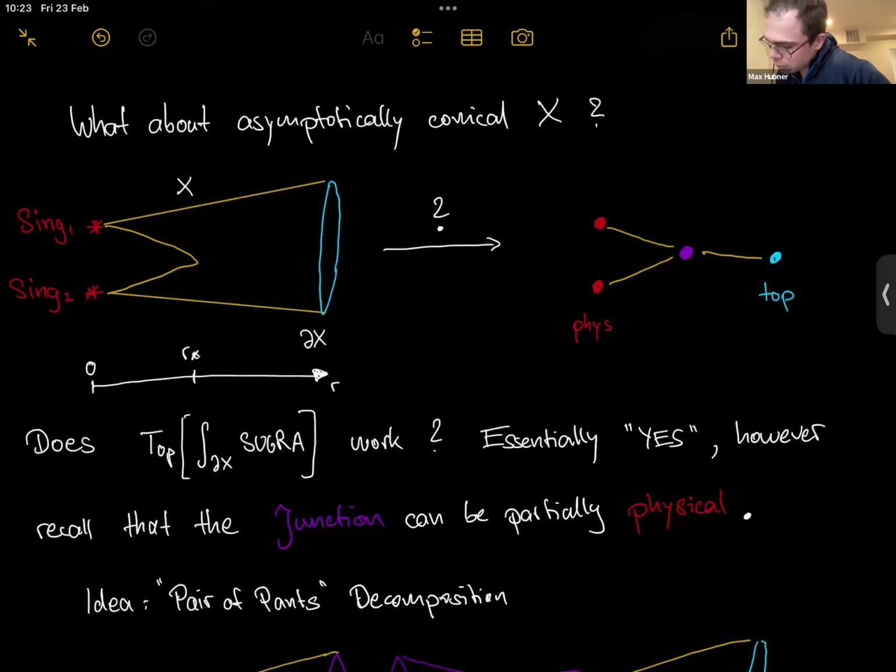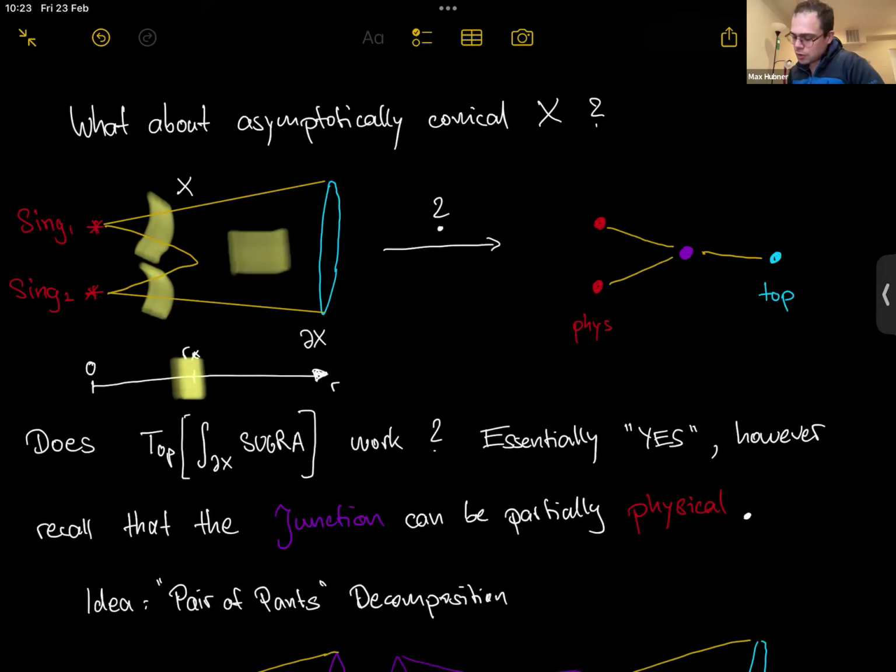Each of these singularities has their own little cone here, right? So each of these singularities I could study using some local model. And then only if I start going radially more outwards, I notice that at some critical radius r star, these two singularities sit in some common space. And then I go off to infinity. And that's the second half here.